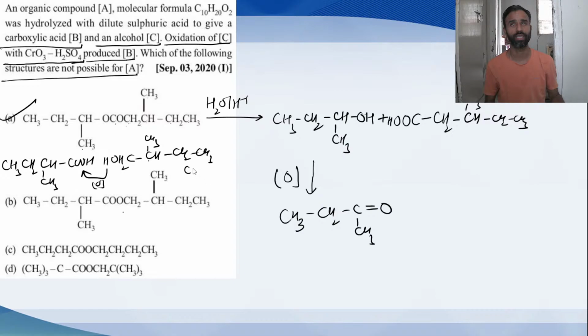C, when oxidized, gives this B. What about the second? CH3CH2CH2COOH, CH2CH2CH2CH3.